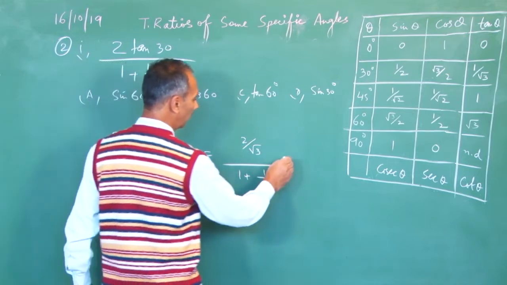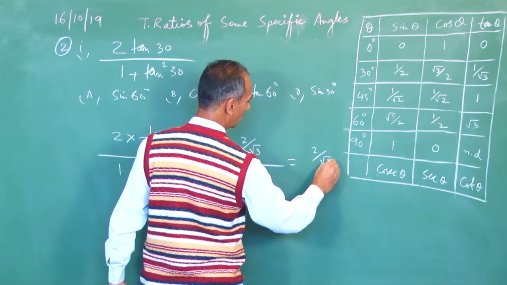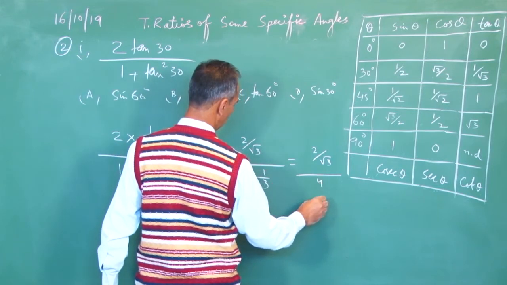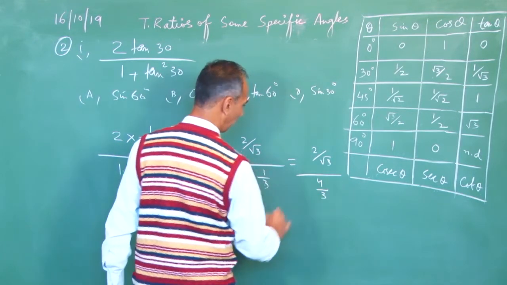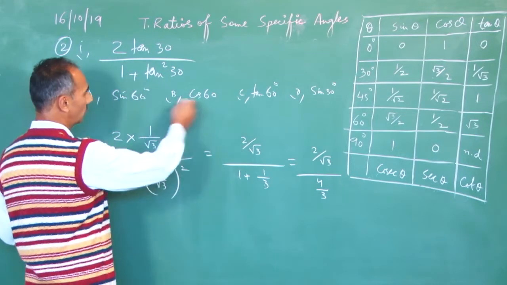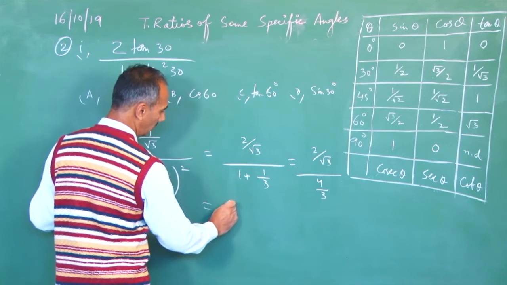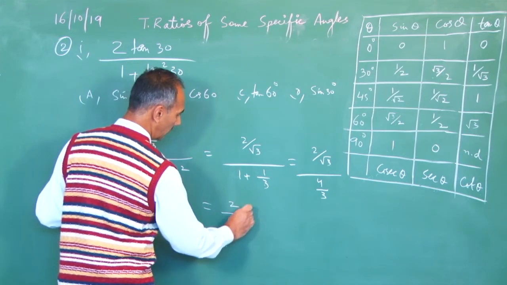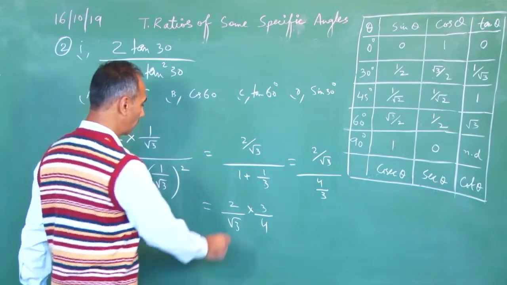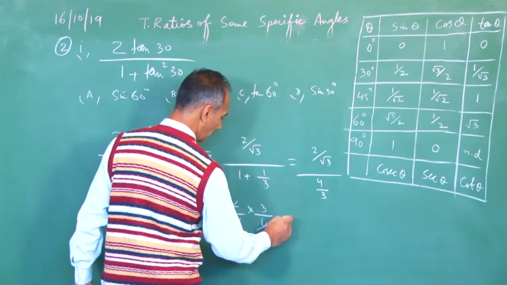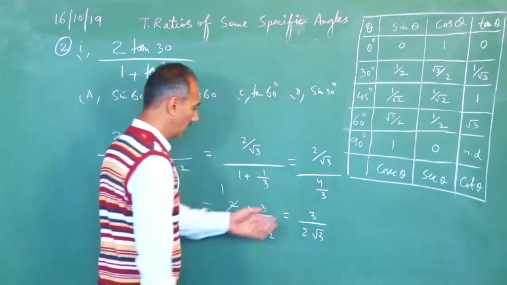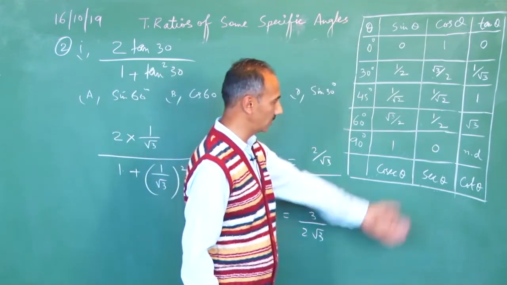If you further simplify, this is 2 upon square root 3 divided by 3 plus 1, that is 4 upon 3. Okay, now we have to see out of this which is the correct option. So 2 by square root 3, this will be 3 upon 4. Now 2 1s 2, 2 2s 4. So this is 3 upon 2 square root 3.